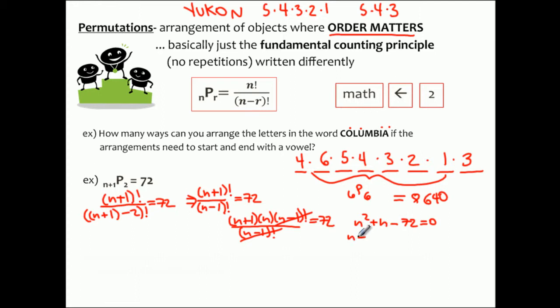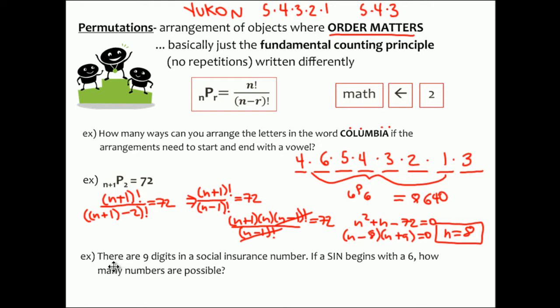That turns out to be minus 8 and positive 9. So solutions to this will be positive 8 and negative 9. We need to discard the negative solution because we can't take the factorial of a negative. So our answer is n equals 8, which is the same as what we got from trial and error using our calculator.